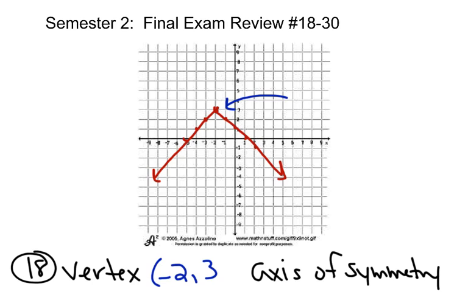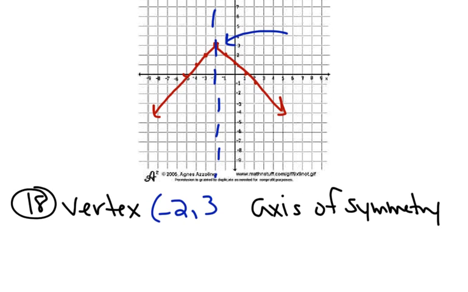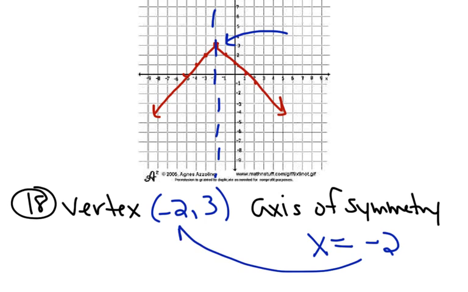The axis of symmetry is the vertical line that goes through the vertex. All vertical lines have the equation x equals, and the x value that it goes through is -2. The axis of symmetry value for x always comes from the x value of the vertex.